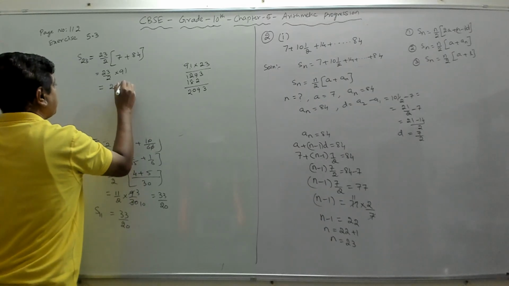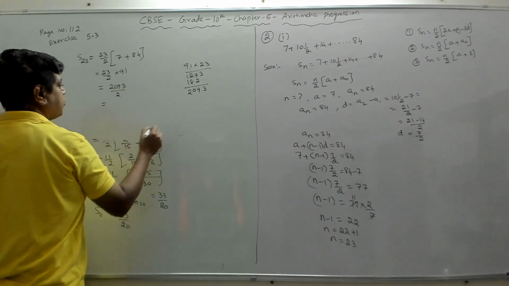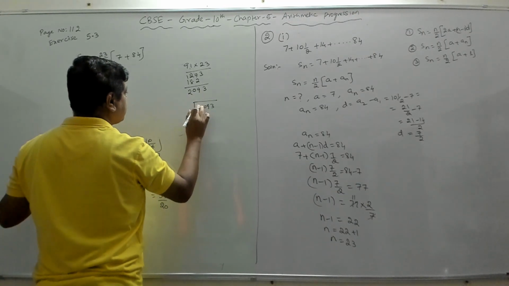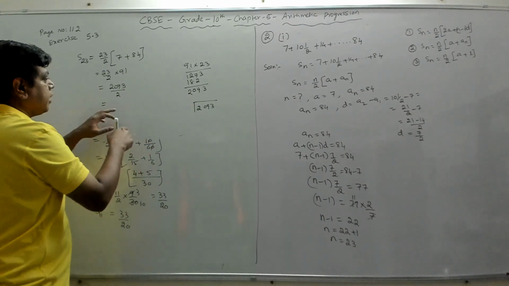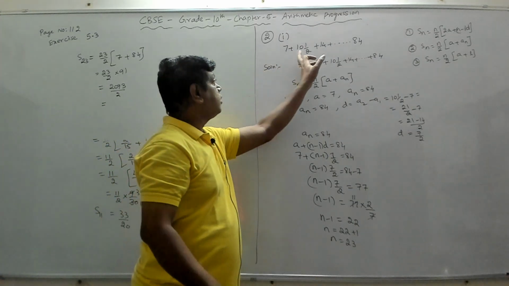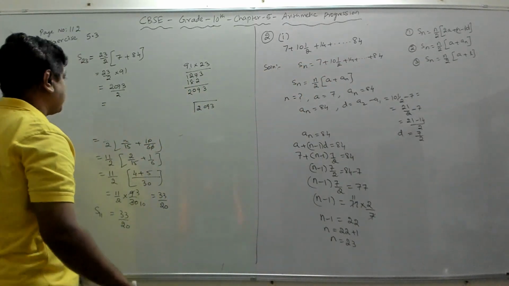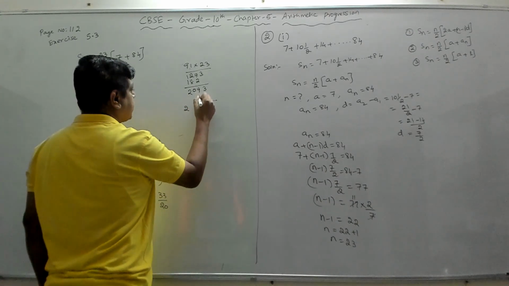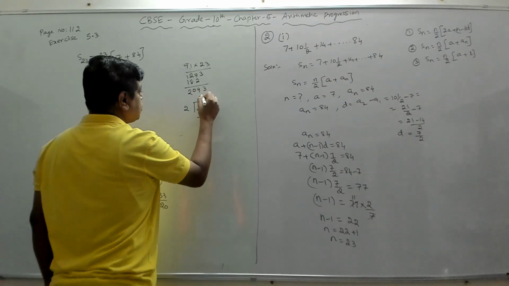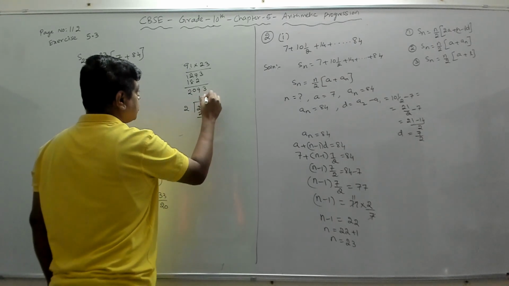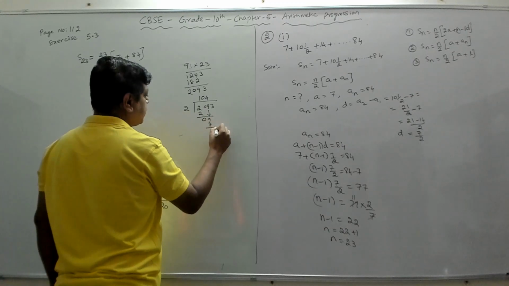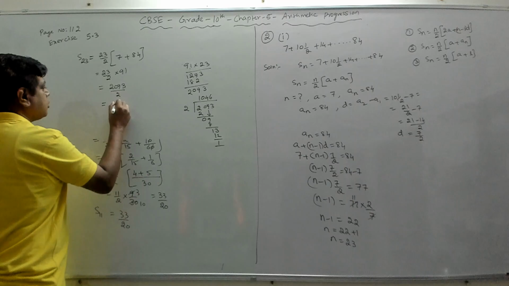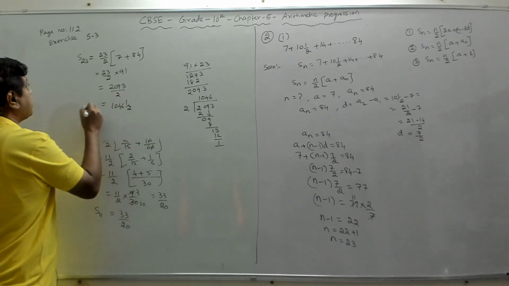So you get 2093 by 2, right? If you divide 2093 by 2, because we want to write it in a mixed fraction, as the question is given in terms of mixed fractions, you get 1046 1 by 2, so that is your S23.